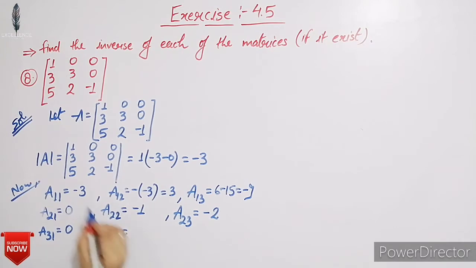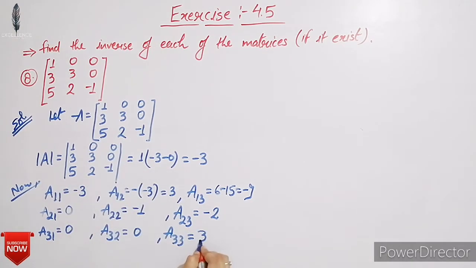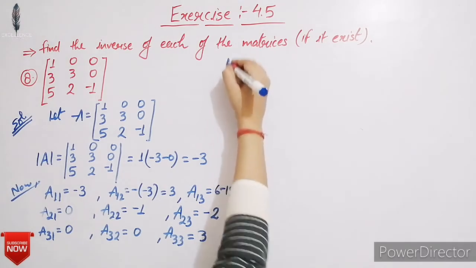A32 is negative M32, and here it is 0, and A33 is positive M33, on blocking third row third column it is 3.